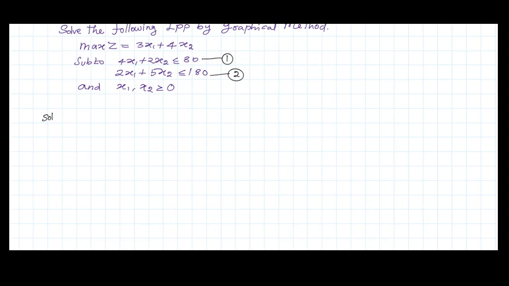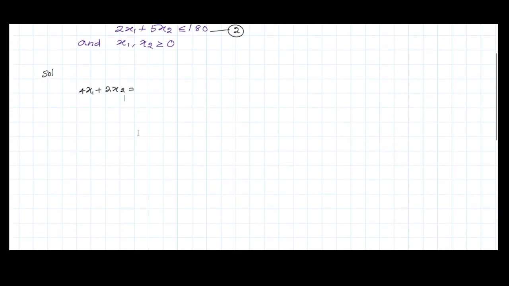Step number 1, we are going to find two points on each of the given constraints. Let us consider equation number 1 as an equation to find such points: 4x1 plus 2x2 equal to 80.